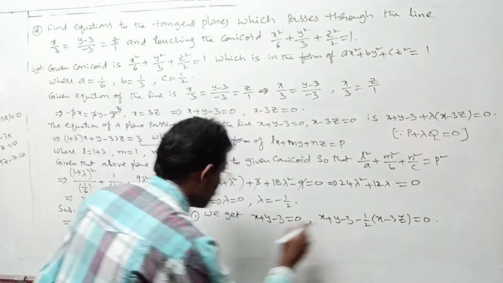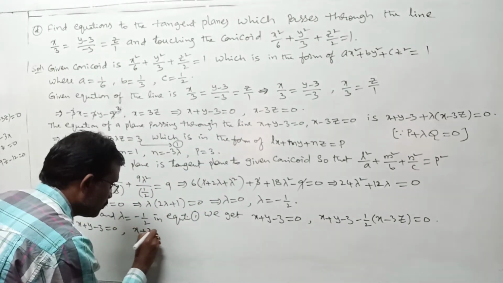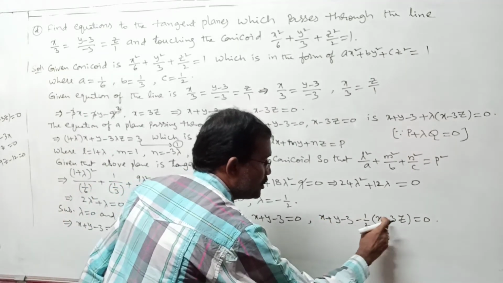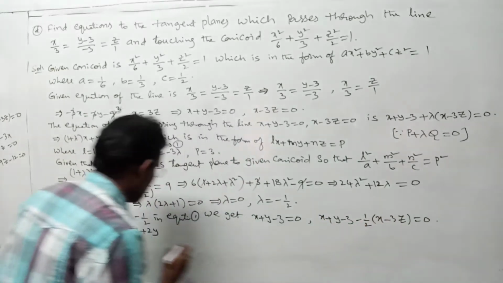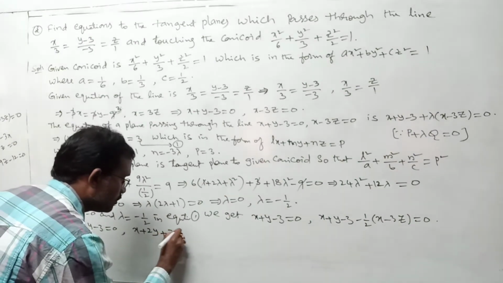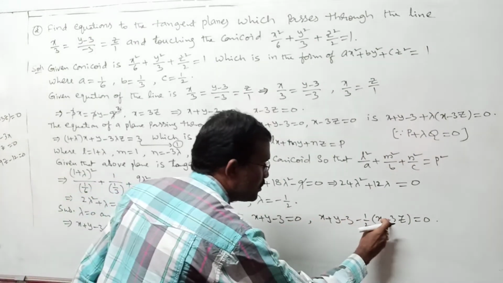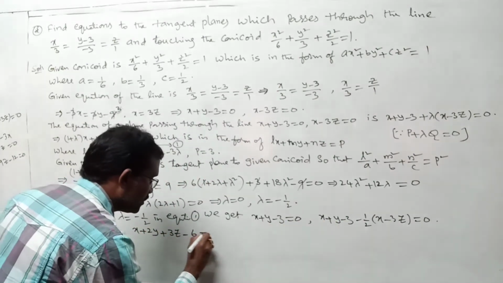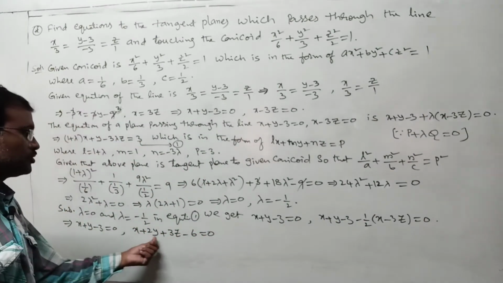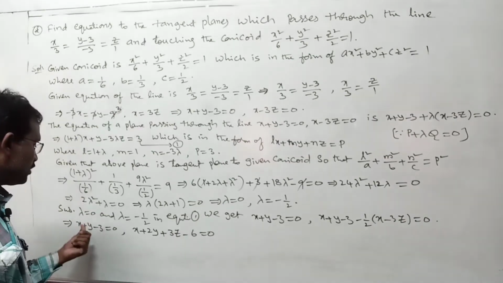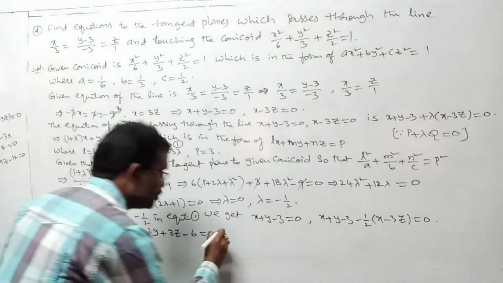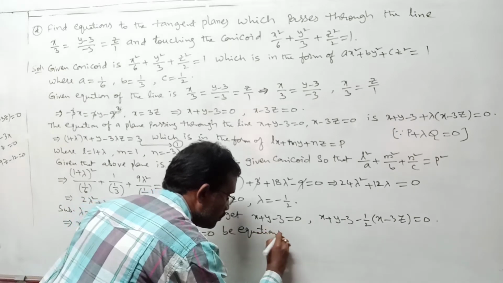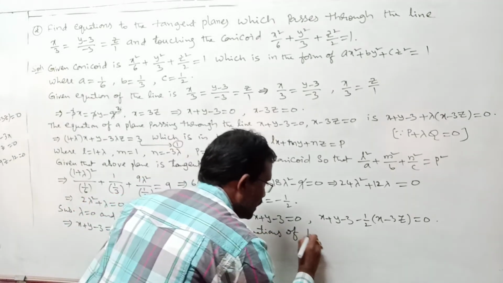Next plus 2y. Minus into minus becomes plus 3z. Next minus 6 equal to 0. X plus 2y plus 3z minus 6 equal to 0 and x plus y minus 3 equal to 0 are the equations of tangent planes.